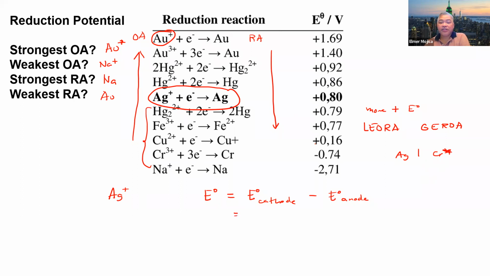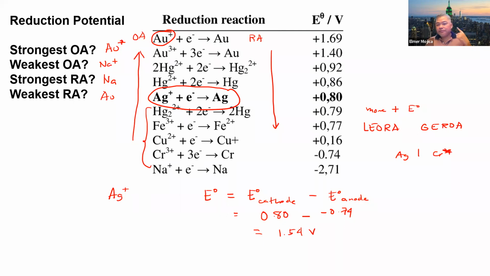Based on the reduction potential, the higher one is 0.80, and then we subtract chromium, which is negative 0.74. We're just going to look at the difference, so we end up with 1.54 volts.